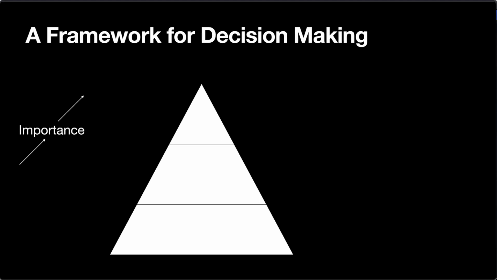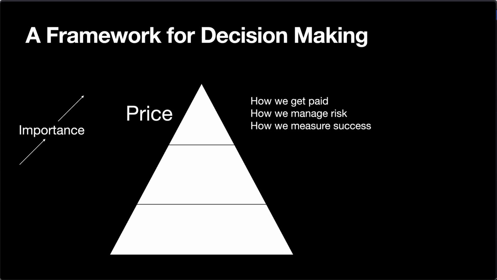I use this pyramid frequently to explain the various tools within the Time Trades system and how they work together. Starting from the most important to the least important, we've got price. This, of course, is how we get paid and manage risk and measure success. And no successful, consistently profitable trading strategy can exist without solid risk management.